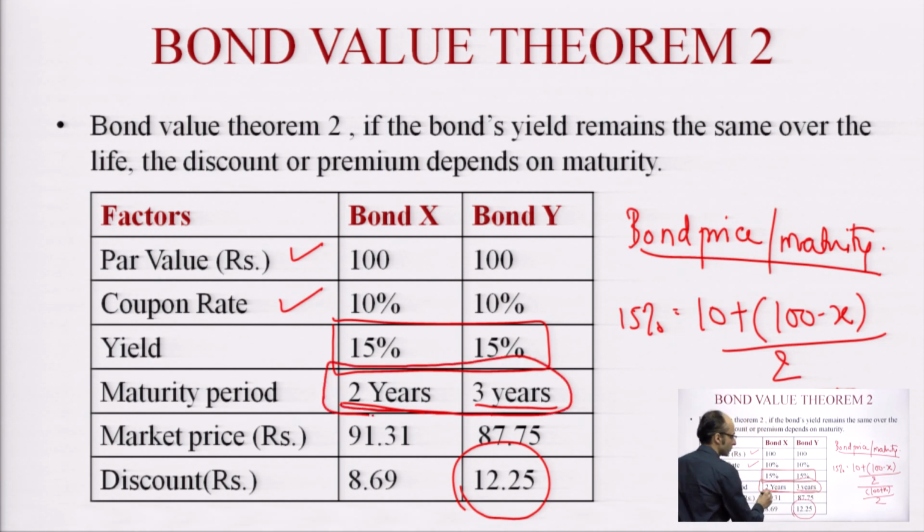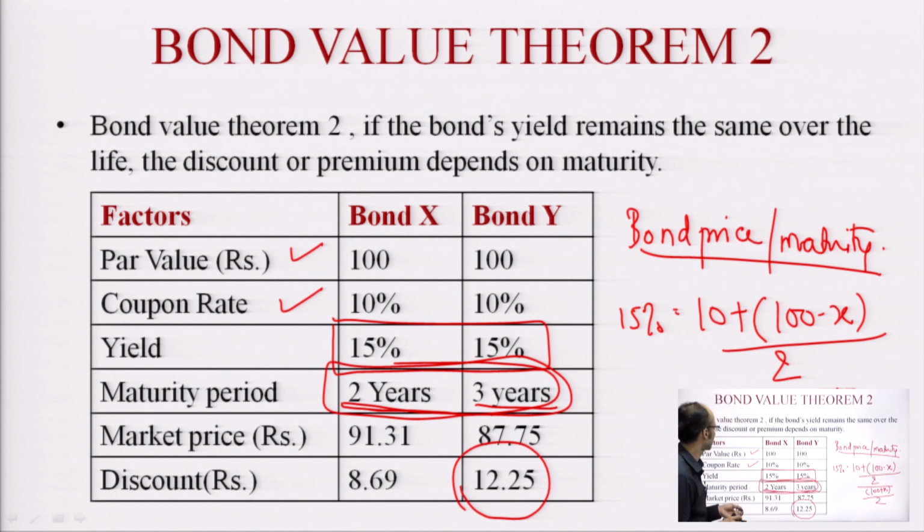Bonds of different maturity periods will have different prices, and a bond with a longer maturity will be available at a more discounted price if all other parameters are the same. If the coupon rate is the same, the yield to maturity is the same, and the face value is the same, bonds of a longer duration will be available at much more discounted prices.